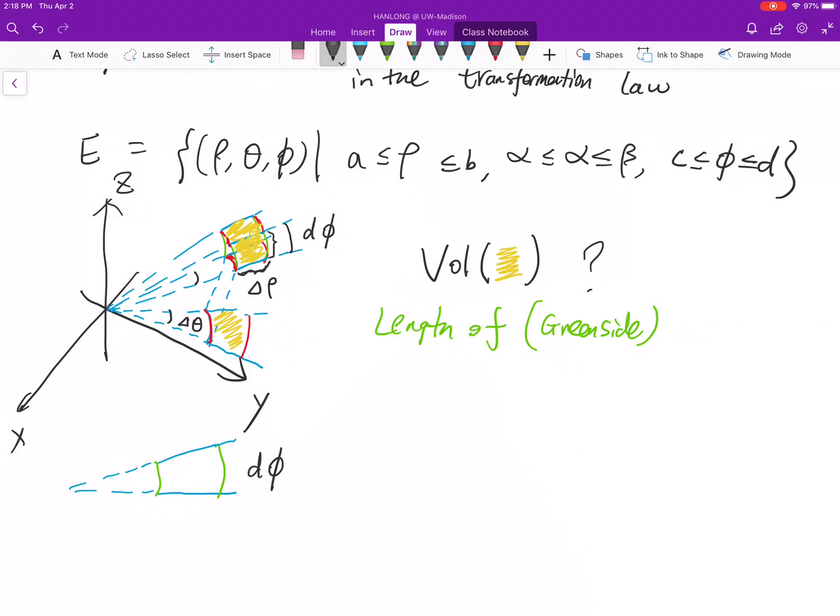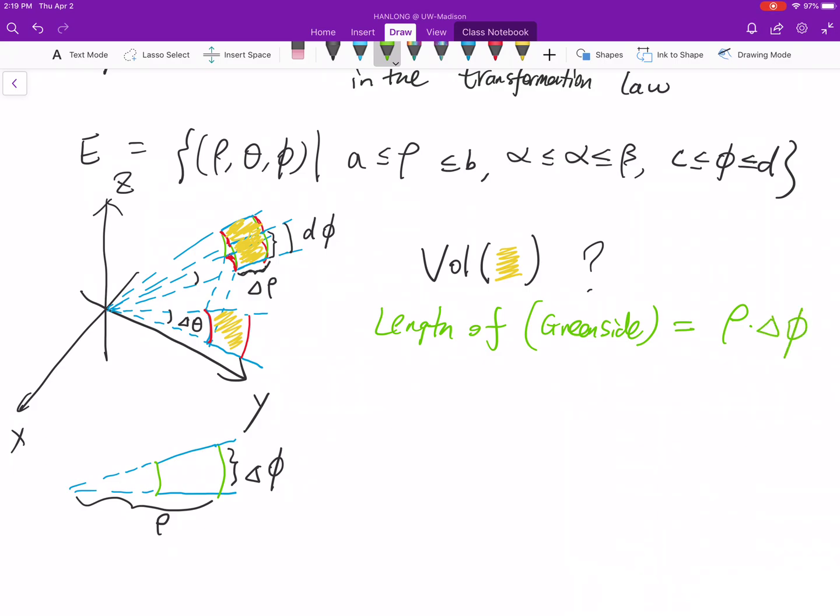What's the length of this side? Of course, you need to multiply by the length of this side, which is just rho. Therefore, the green side has length rho times d phi.